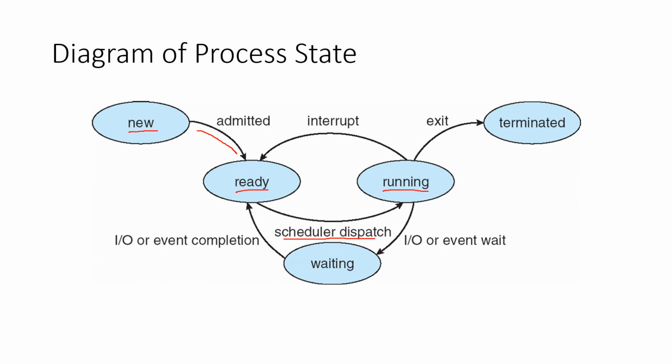During execution in the running state, the process can make an I/O or an event request. In that case, the process is put into waiting state, and then on I/O or event completion it comes back into ready state.